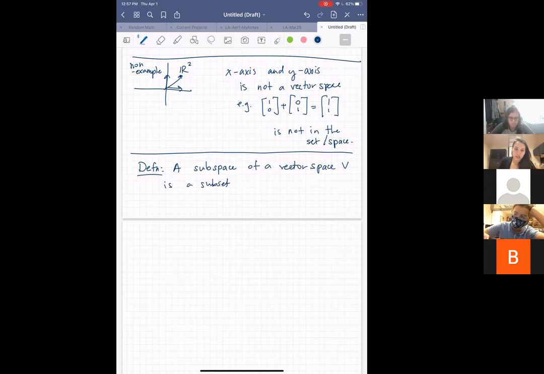So it has to be contained inside of the space for one. We usually use H for subspace. So this is a subset H of V such that we have the following properties.